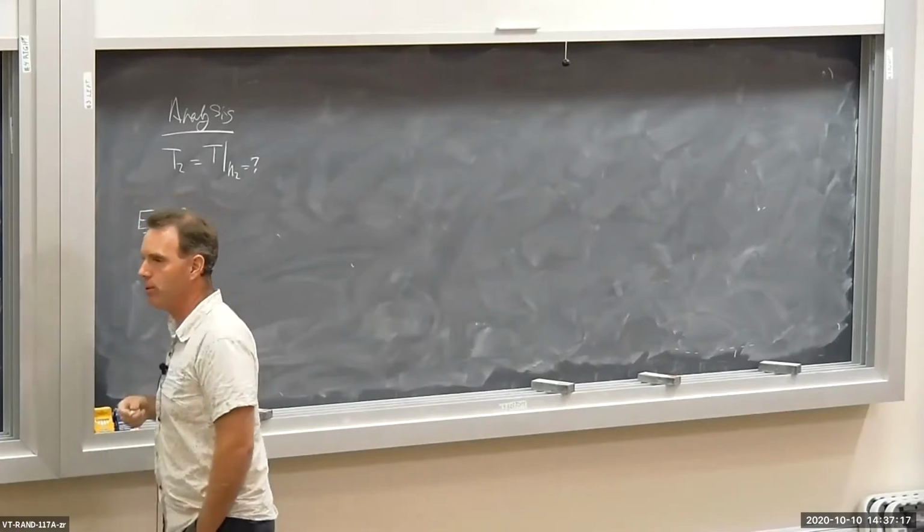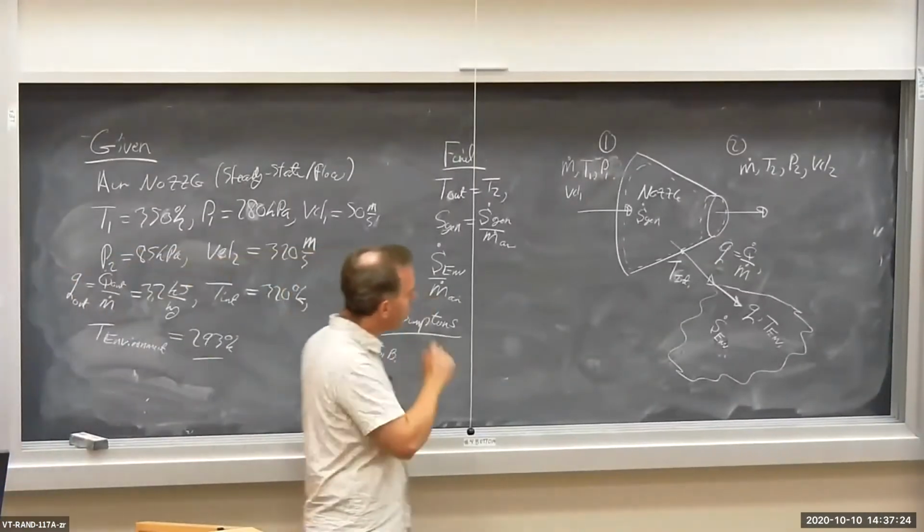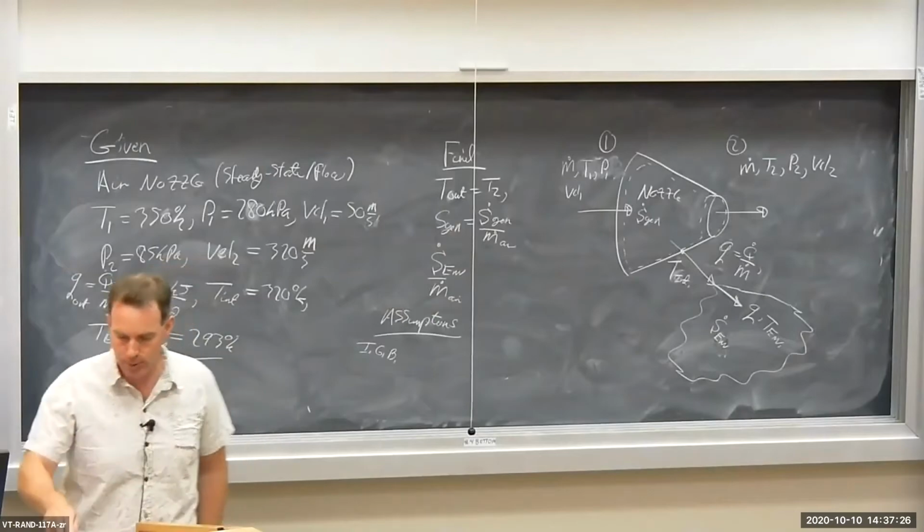This is an open system, by the way. We have a single inlet, single outlet. So this is definitely an open system, so we're going to be using our open system energy balance.